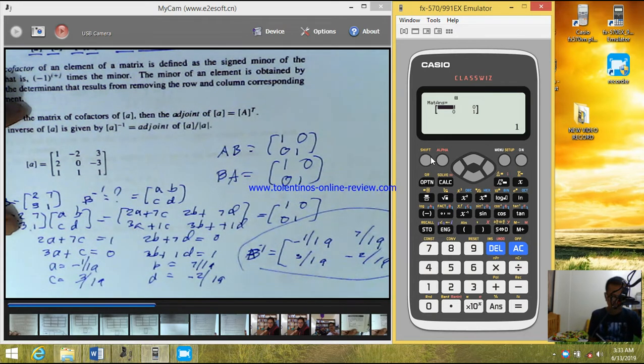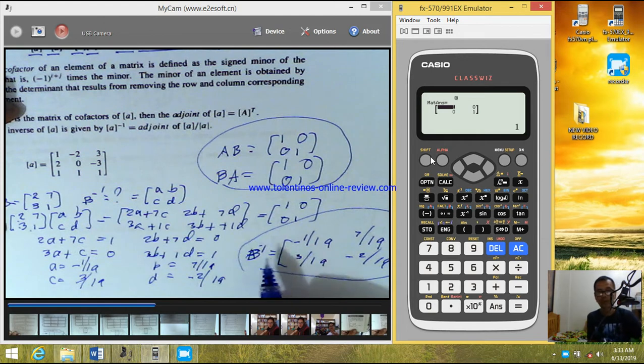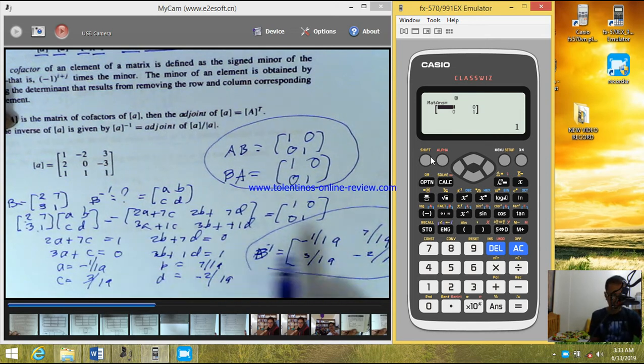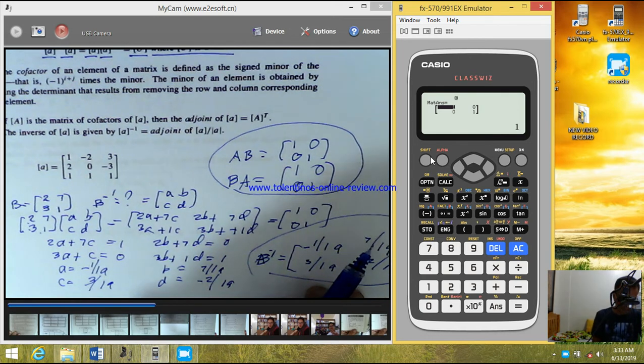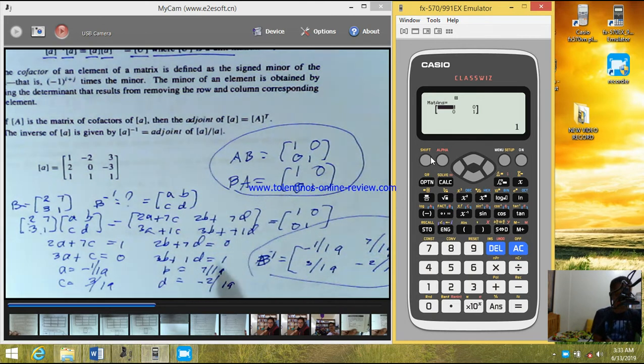So this is the only time then when matrix multiplication is commutative. So ito yung long method of doing inverse matrix because we deal with system of equations. Okay? Another method of doing inverse of a matrix is using the adjoint method. Now, what is this adjoint method?